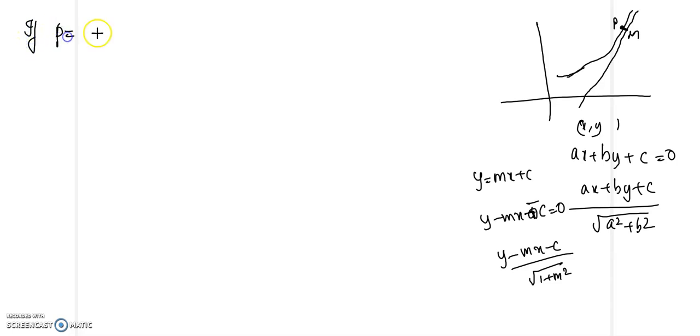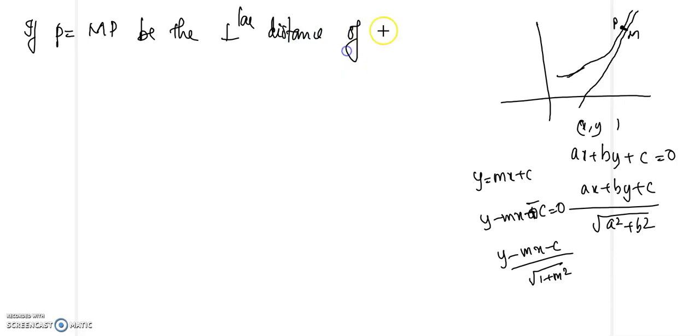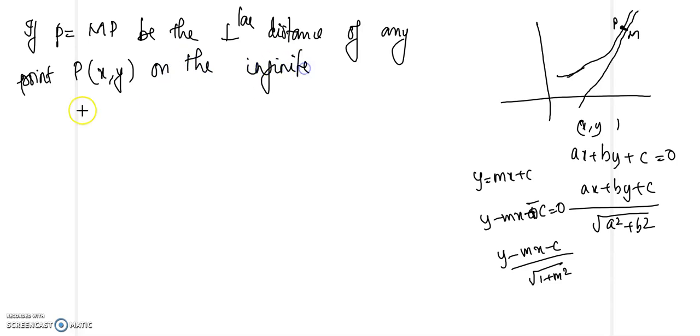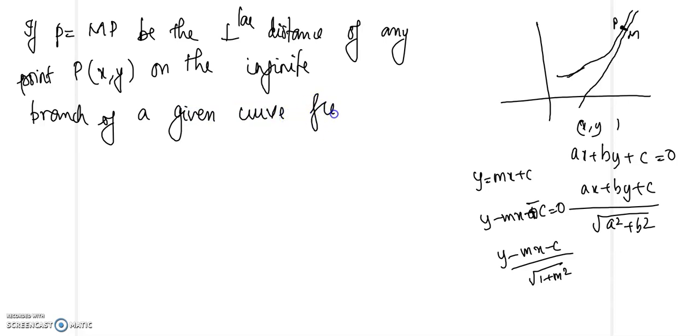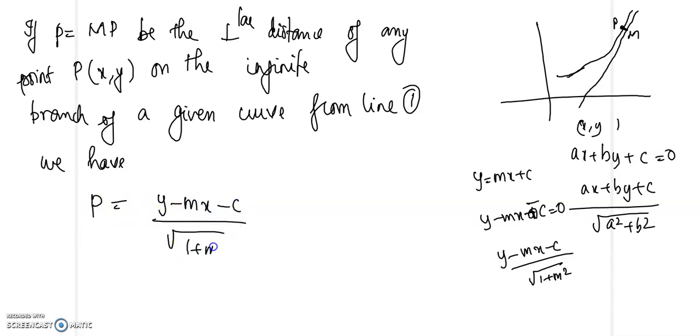So if p is the perpendicular distance of any point P(x, y) on the infinite branch of a given curve from line 1, then p is given by (y minus mx minus c) by root of 1 plus m square.